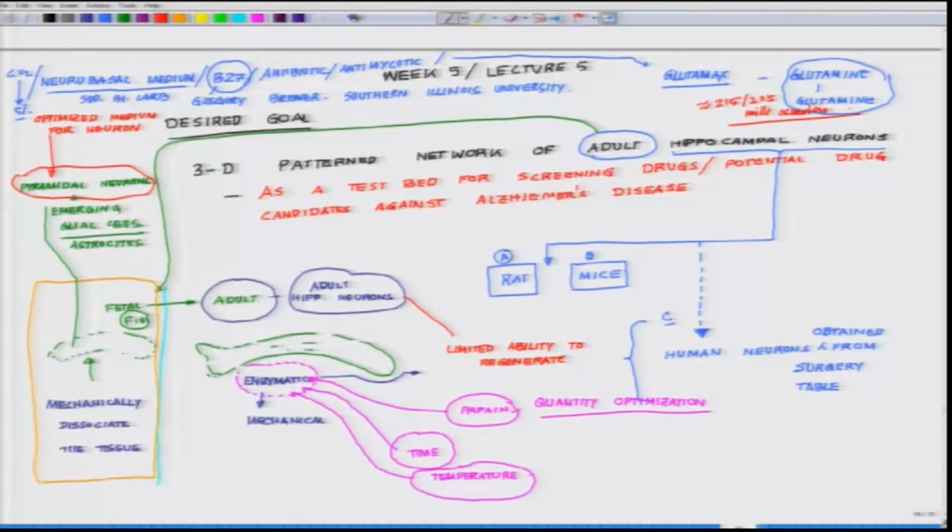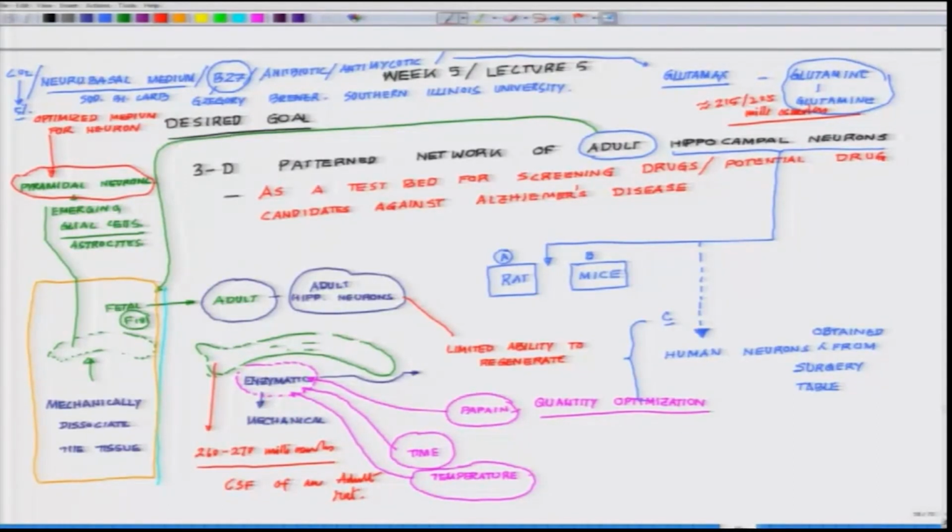Whereas, the osmolarity which you need for adult hippocampal culture is around 260 to 270 milliosmoles. So, this value has come from the cerebrospinal fluid of an adult rat.